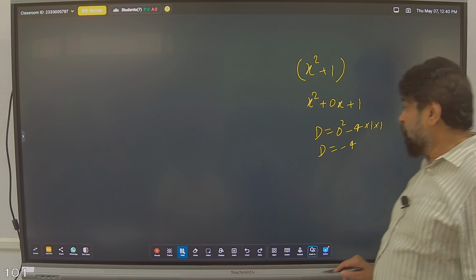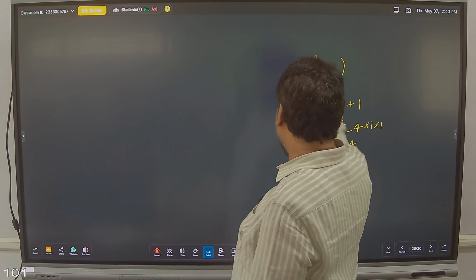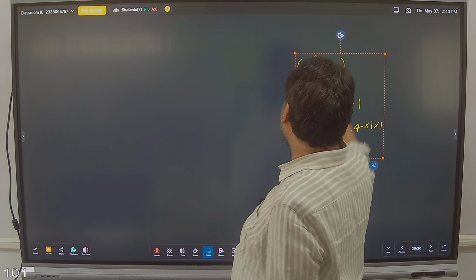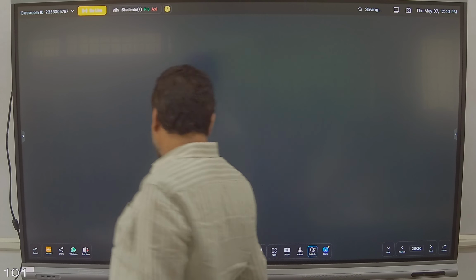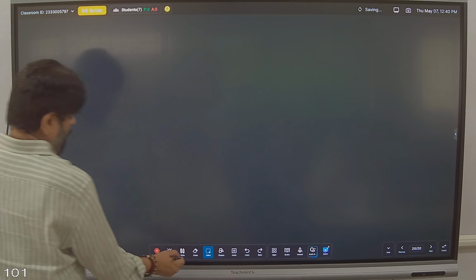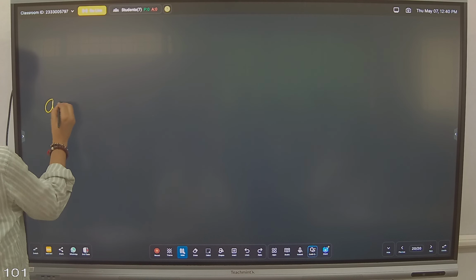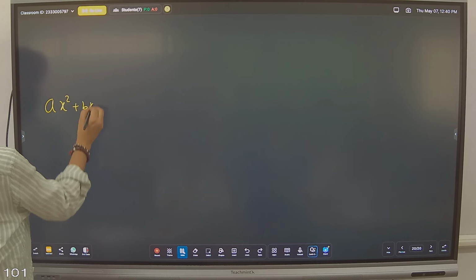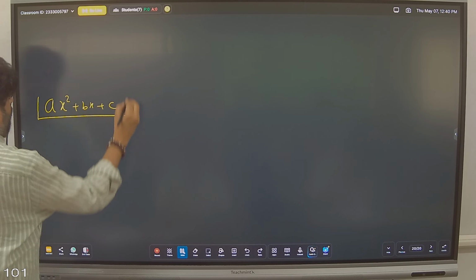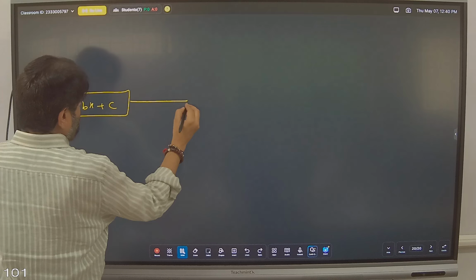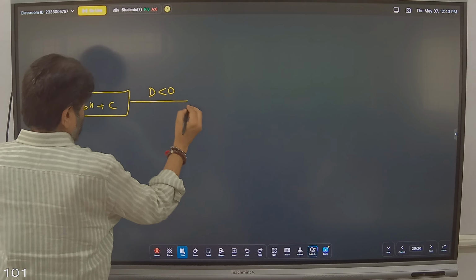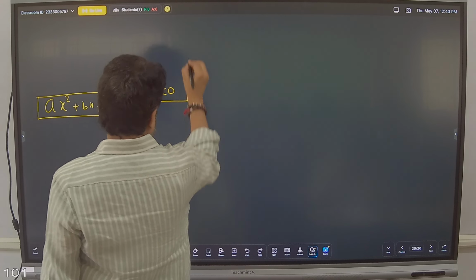So what is the rule for this? Let's understand why that rule is there. You will understand that in the quadratic chapter when we learn the graph method. But for the time being, for any quadratic ax square plus bx plus c, if the discriminant is less than 0, then check the sign of a.